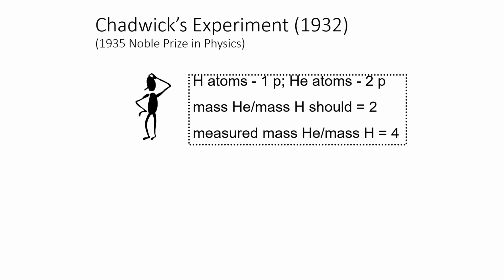A gentleman by the name of Chadwick originally proposed a neutral particle existed, but he had not been successful in proving it. However, he is responsible for identifying the neutrons that are in the nucleus.